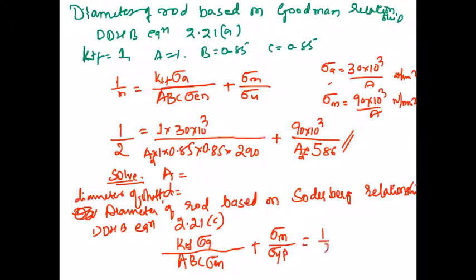This is equal to 1 by N. Substitute again all parameters, find out the value of A, the area, then you calculate the diameter. Right?